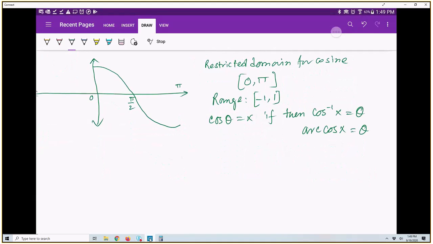As usual, we will write down the inverse cosine function's domain and range. They're easy to understand. The domain is the range of the cosine function, so that's -1 to 1. And the range is the restricted domain, so it's between 0 and pi.